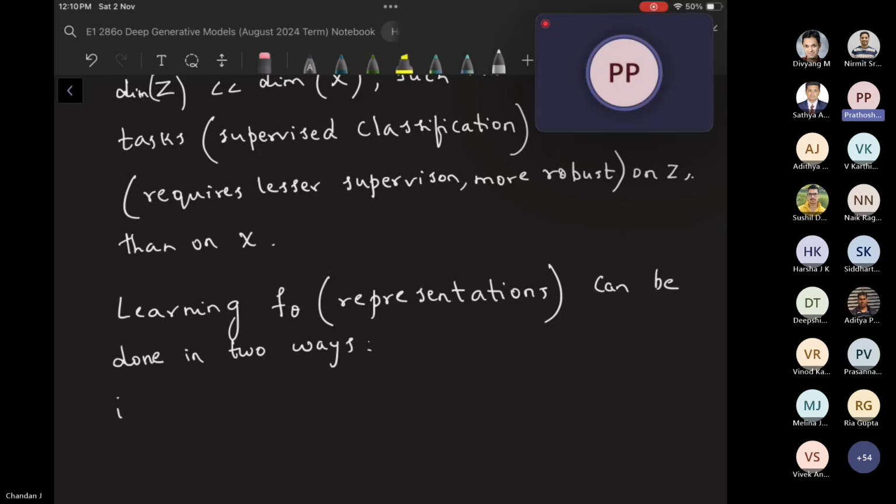One is the generative way, where you implicitly learn a latent generative model.